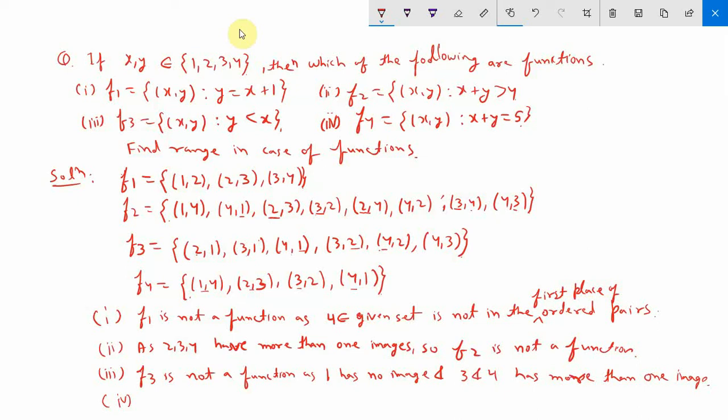So F4 is a function, as each element has an image and no element has more than one image.